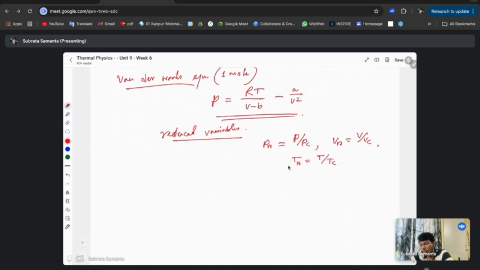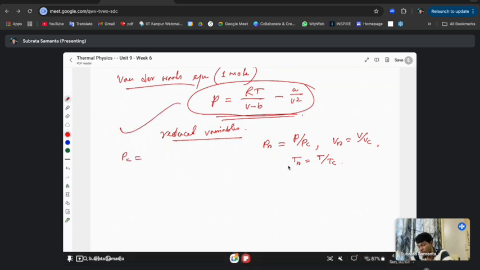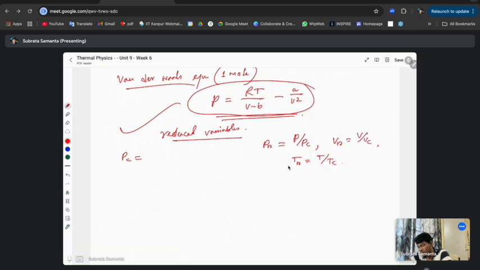And we know the values of Pc, Vc and Tc for this equation.